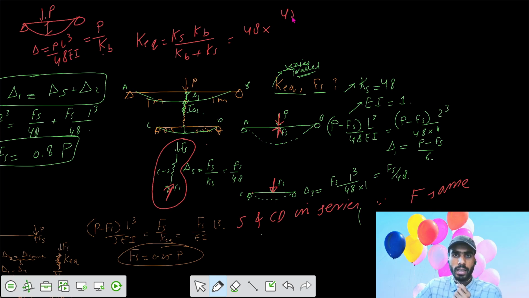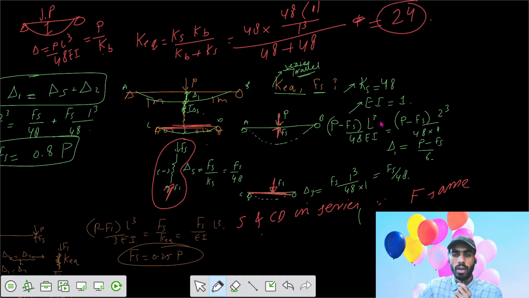L is your length of 1 meter, so 1 cube, and k bar is 48. Finally you get 48 times 48 divided by 48 plus 48, that equals 24. You get a k equivalent of 24.